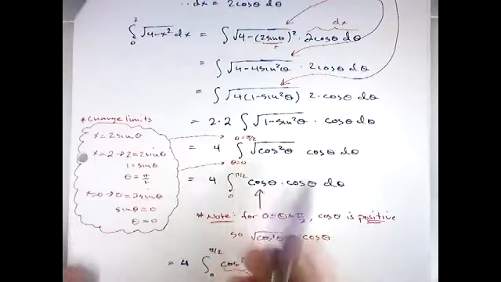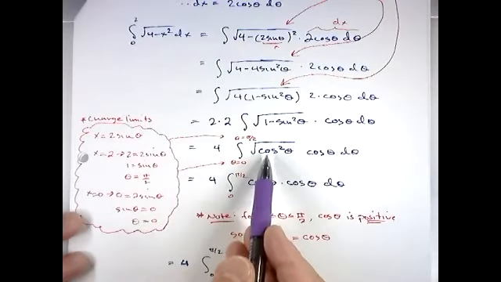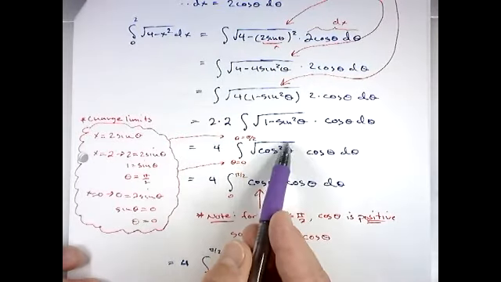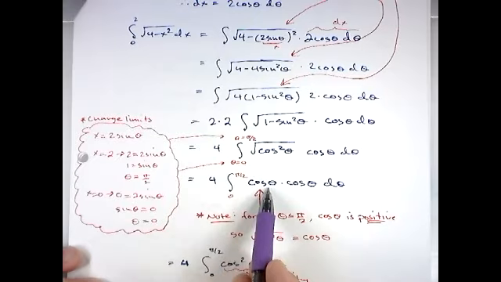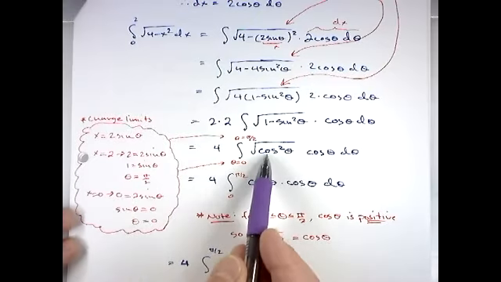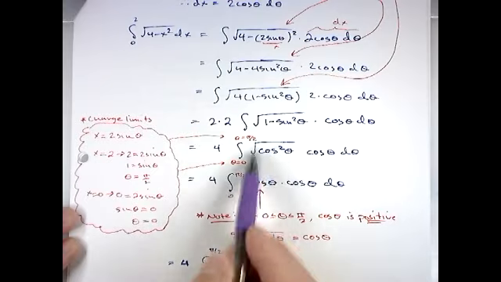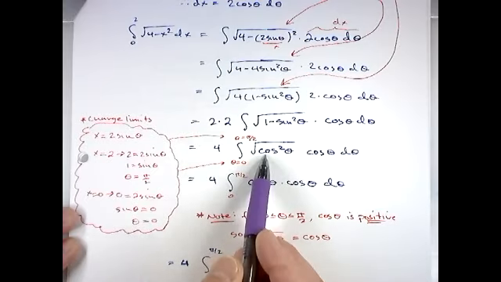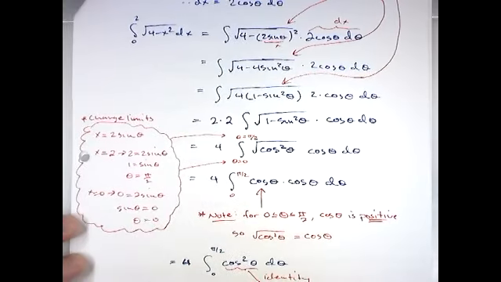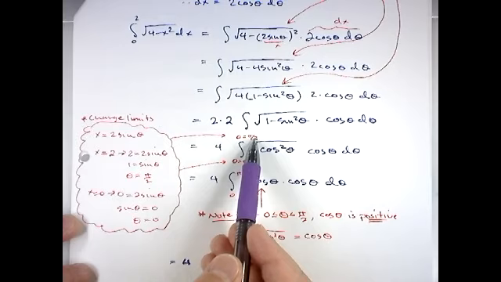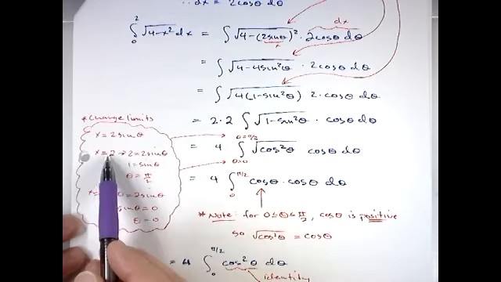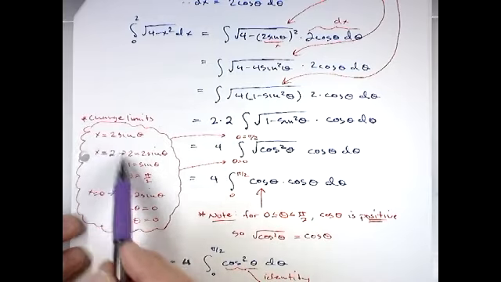On a previous video, we talked about the dangers of just saying the square root of something squared is just the something. So let's talk about that. Before we make the square root of cosine squared cosine, we need to make sure that whatever is inside here is positive. So if we convert these limits in terms of theta, my upper limit was 2. Remember, x was 2 sine theta.